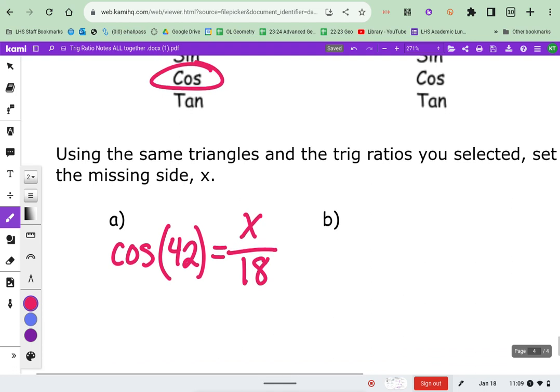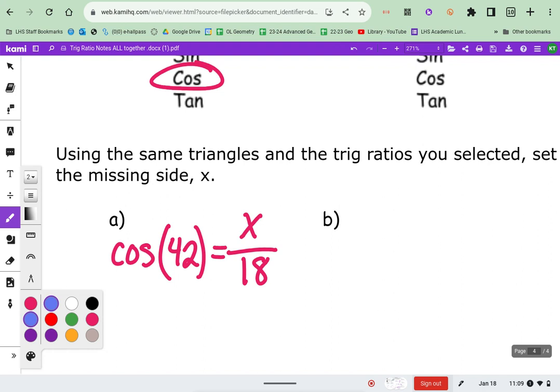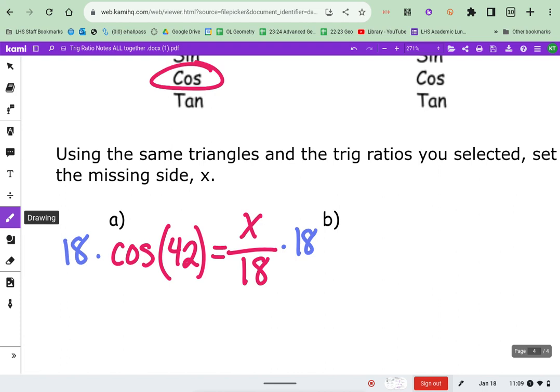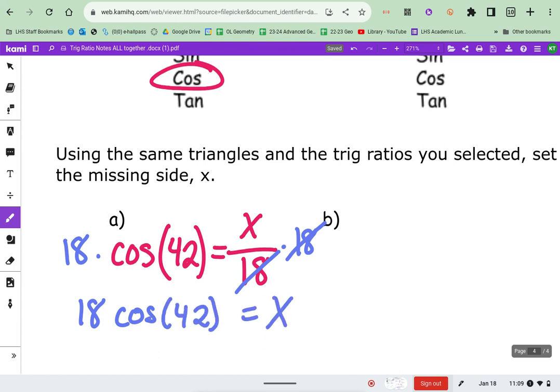And so now we're just going to solve for X, because once we solve for X, we can just type it into our calculator. So how can I get X by itself? What should I do first? Multiply by 18 on both sides. So times 18, times 18. So the 18s cancel on the right, and I'm just left with 18 times cosine of 42 equals X.